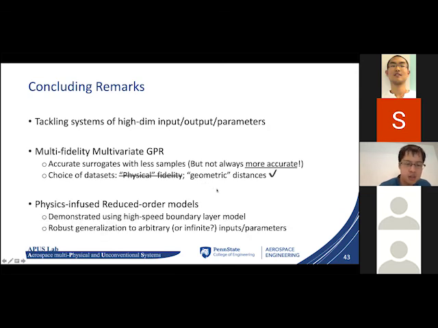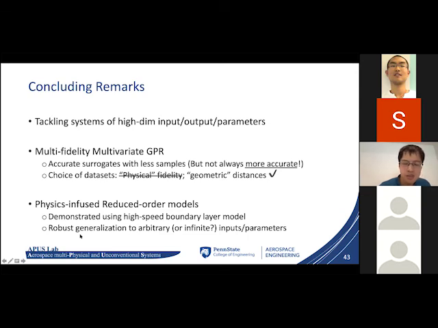And then we introduced this physics-infused reduced order model, where we demonstrate this methodology on the high-speed boundary layer model. This whole thing was done by my clever master's student, Carlos, who is now working on his master's thesis. With this approach, we have shown that it generalizes robustly to arbitrary inputs or parameters.